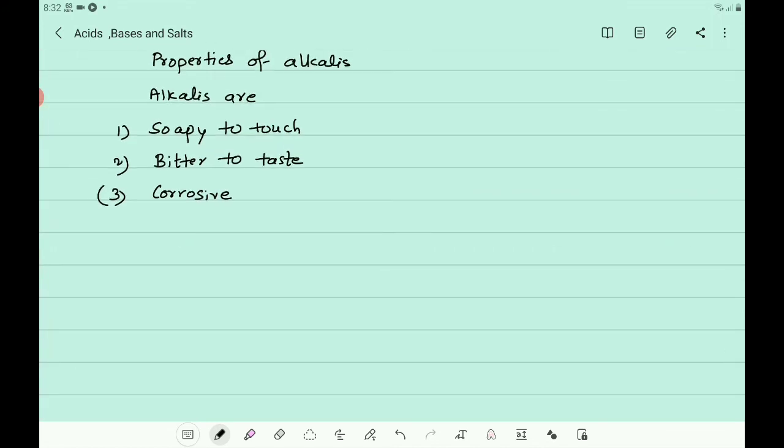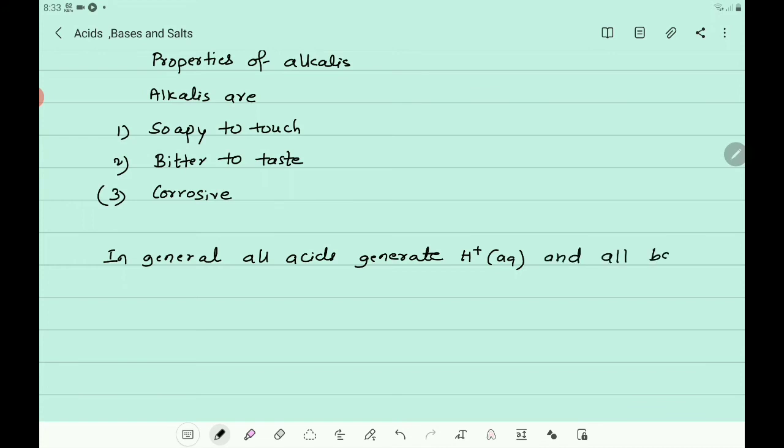So in general, all acids generate H plus aqueous ion, or you can write H3O plus ions, and all bases generate OH minus aqueous ions.